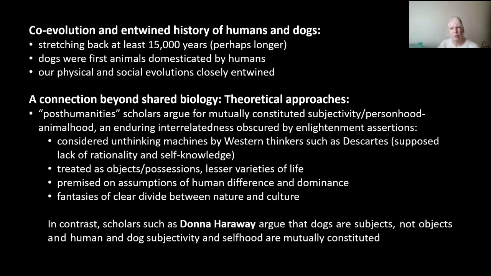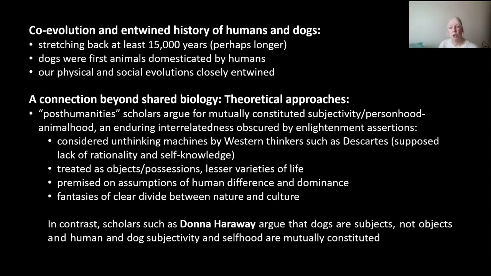I already alluded to the fact that the relationship between humans and dogs is very historically deep. We know from archaeological evidence, and genetic and other kinds of evidence, that the relationship between humans and dogs stretches back at least 15,000 years, and there's some more recent evidence that it's considerably longer than that, even.